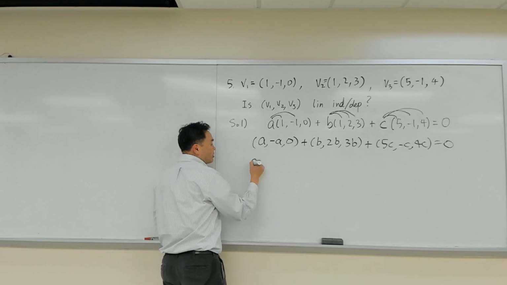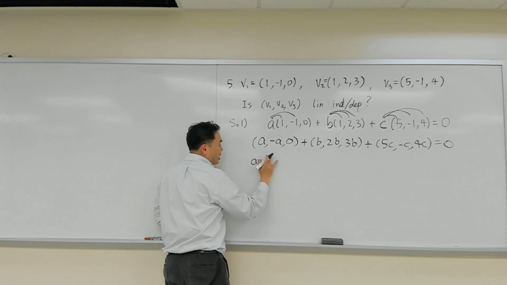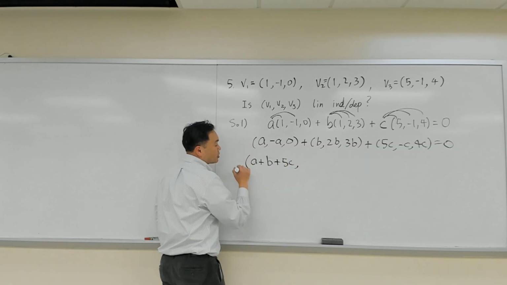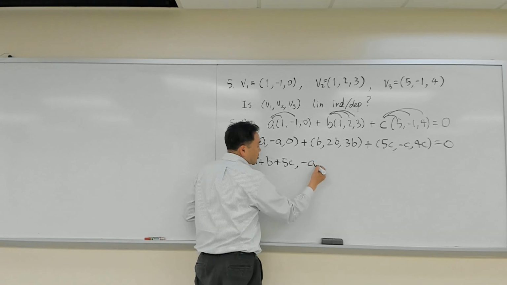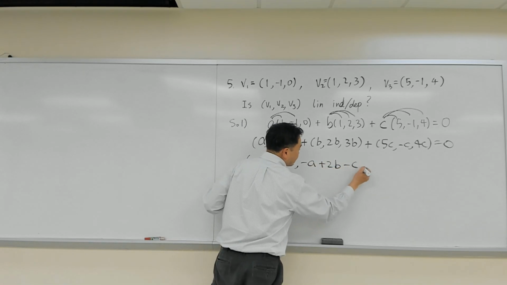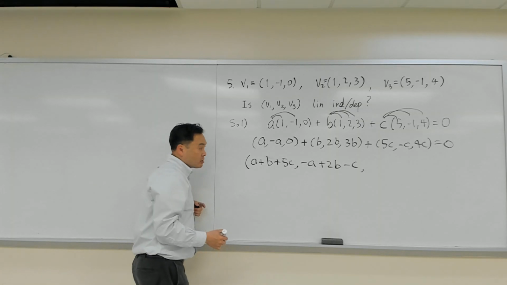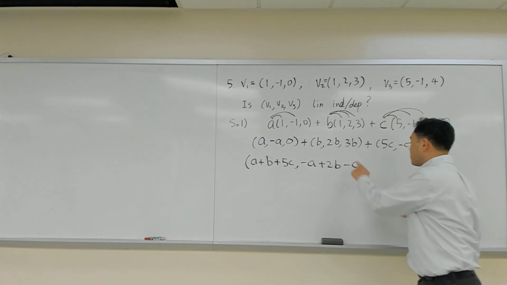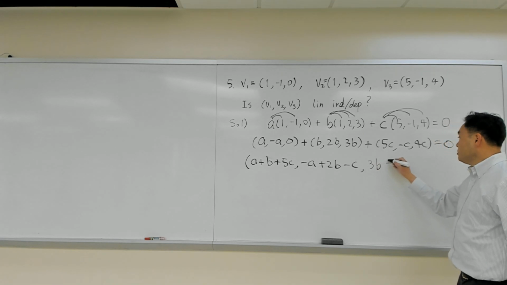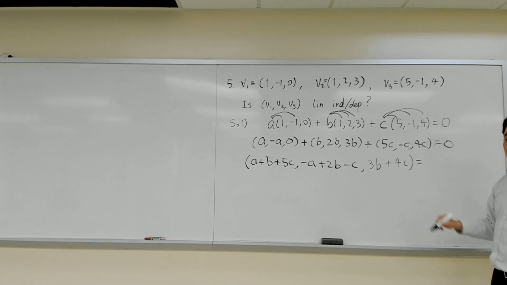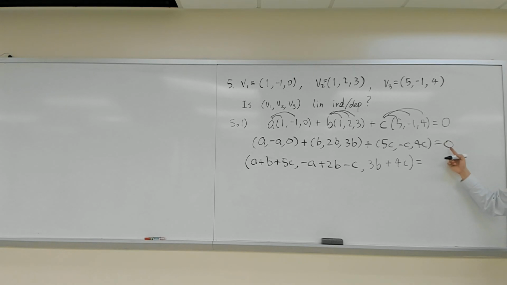Those get added: A plus B plus 5C. And then negative A plus 2B minus C for the y component. And the z component is 0 plus 3B plus 4C. And that has to equal the 0 vector. Although I wrote down a single 0, this is 0 as a vector. It's really (0, 0, 0).